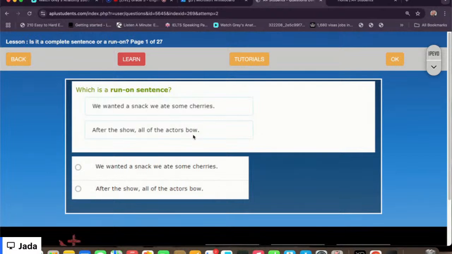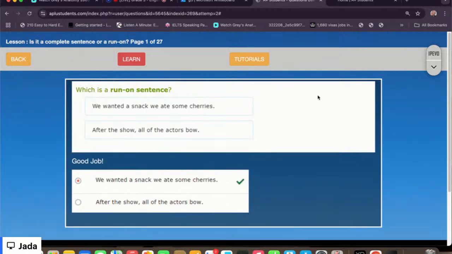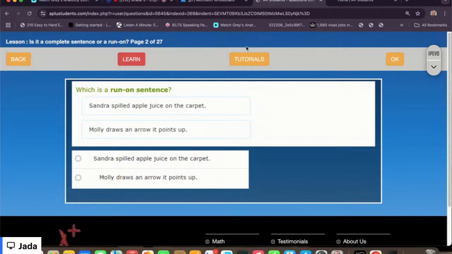Okay, we have one. Okay. "We wanted a snack. We ate cherries." Okay. So we have "Sandra spilled apple juice on the carpet" and "Molly draws an arrow, it points up." What is the run-on sentence here? Tell me.